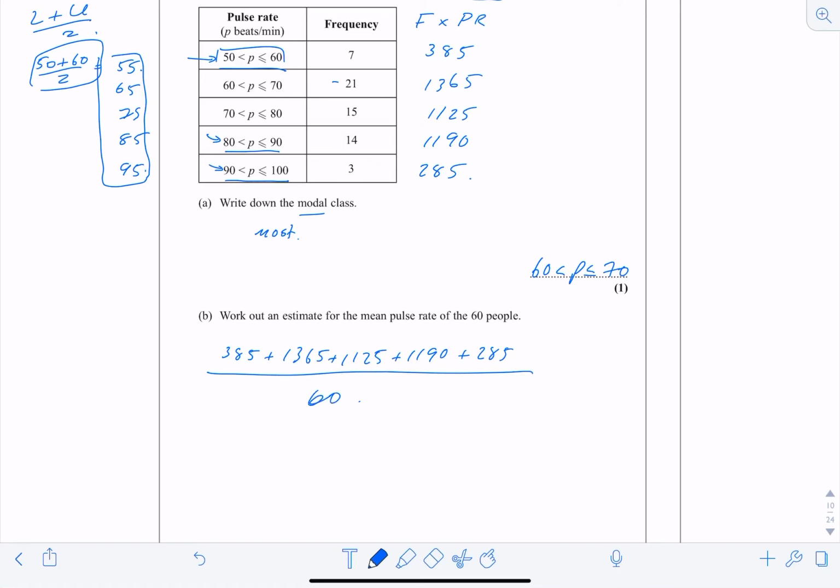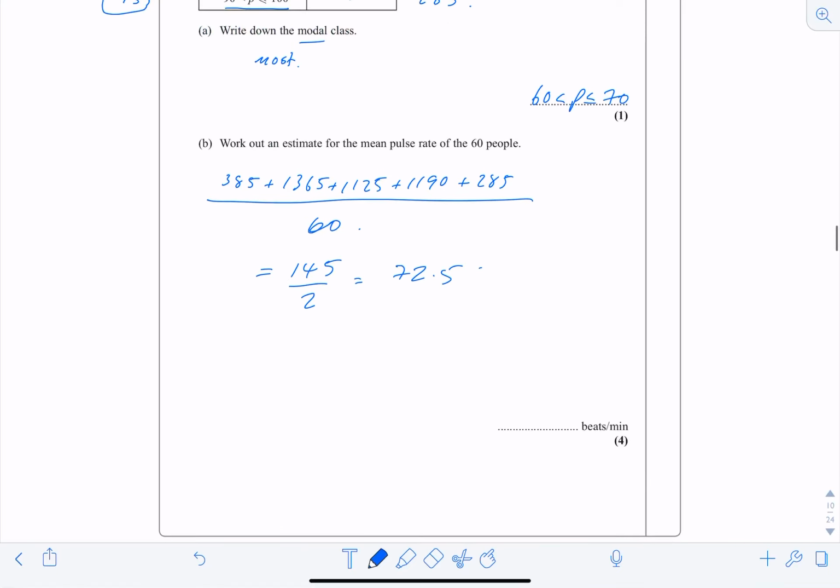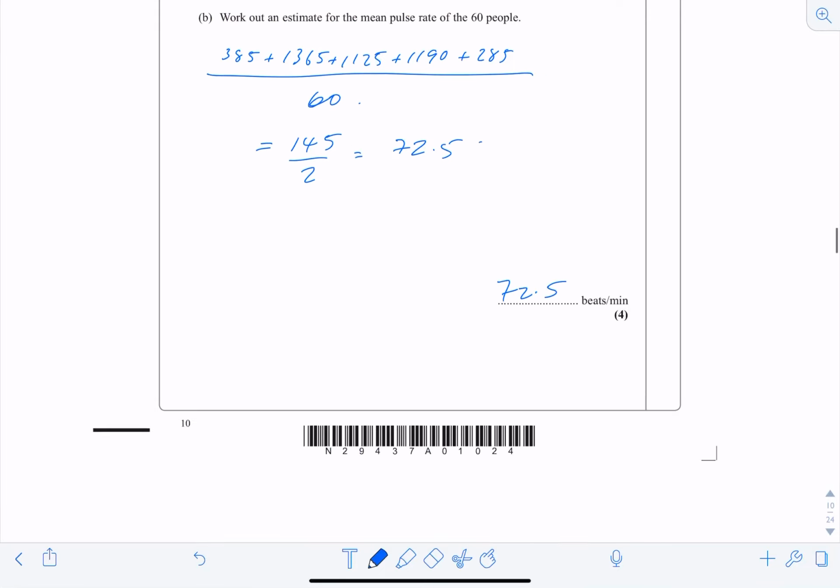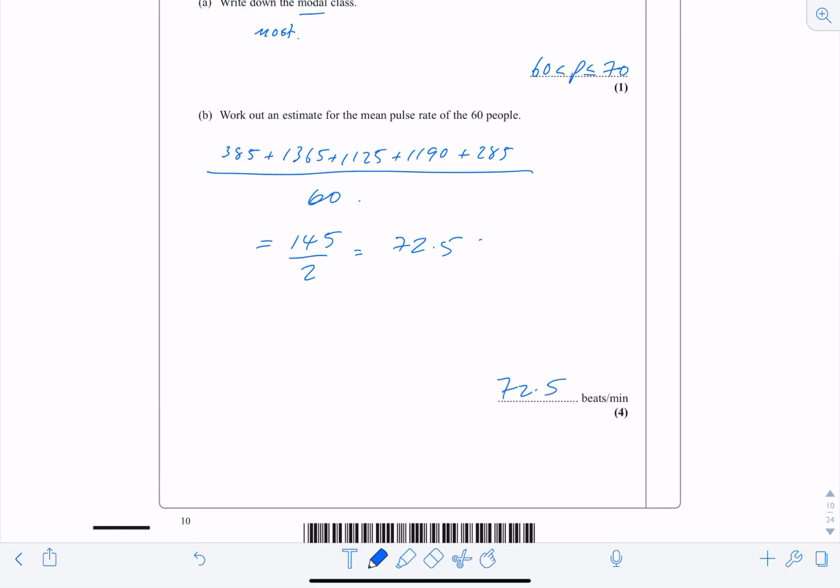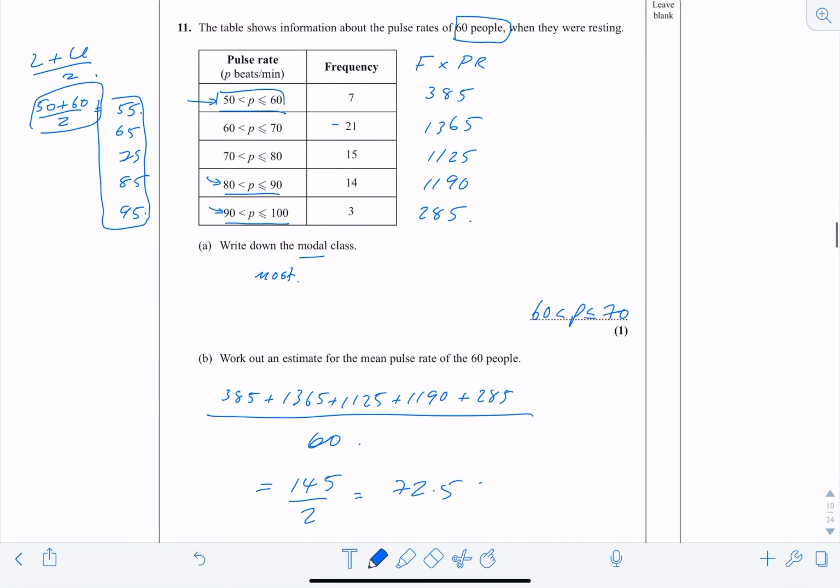So let's do that. 385 plus 1365 plus 1125 plus 1190 plus 285 over 60 is 145 over 2, which is 72.5. Well, there you go, 72.5 beats per minute. Okay, so I hope that this is helpful.